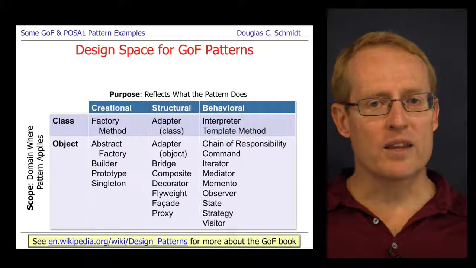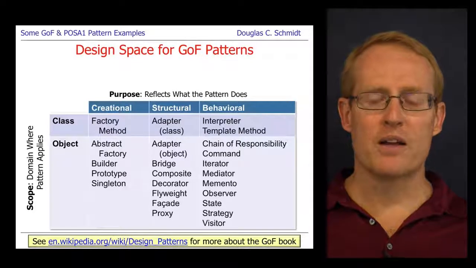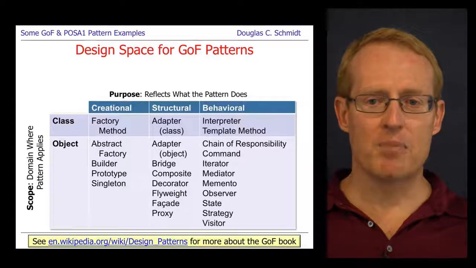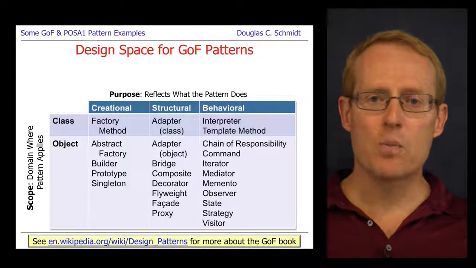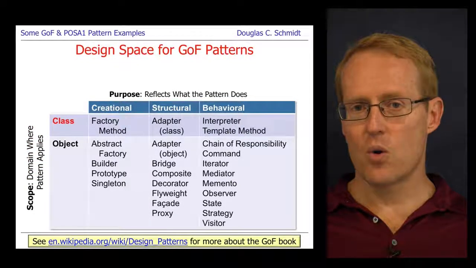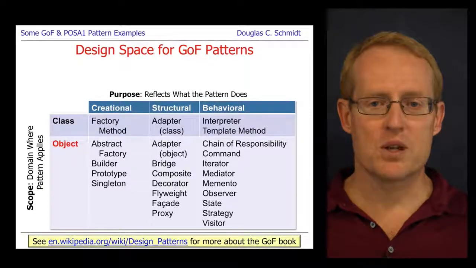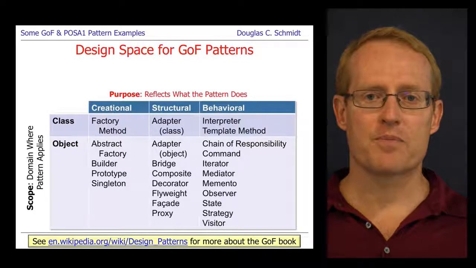Let's take a quick look at the patterns that appear in the Gang of Four book. There's 23 patterns in the book, and they're organized in a couple of different ways. They're divided in terms of their scope, whether they apply to classes and class relationships or objects, and they also differ according to their purpose, which reflects what the pattern is predominantly oriented towards.